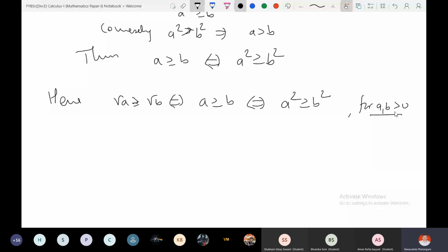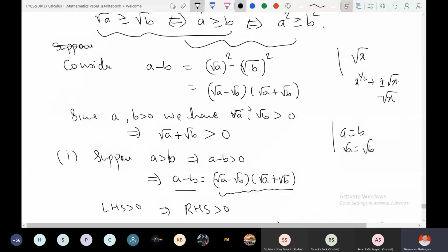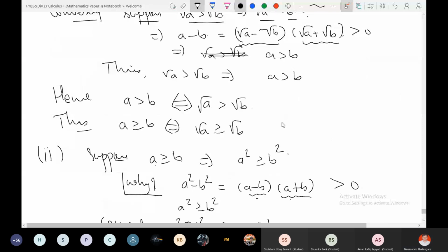We are not talking about negative numbers. Fine. So this is clear now, how we proved it, and we used a very basic idea, right? If the product of two numbers is positive, then both are positive or both are negative. That is the simple trick behind it, and otherwise the calculations are trivial.